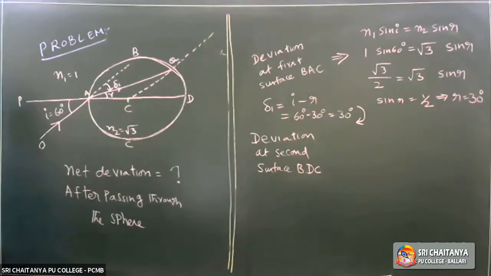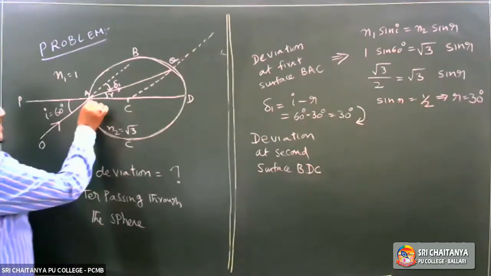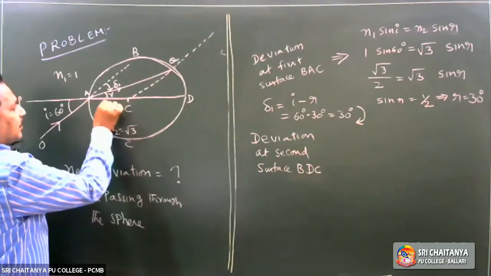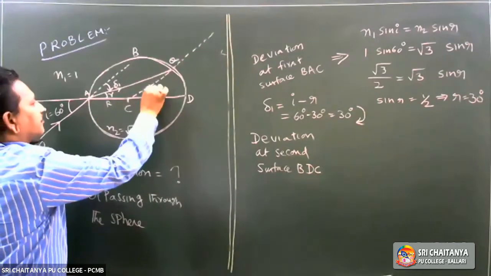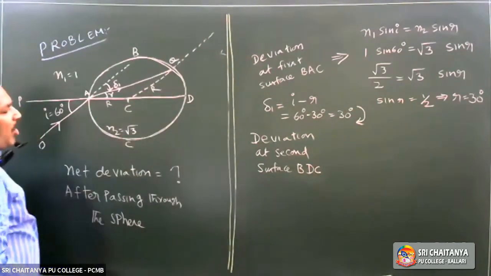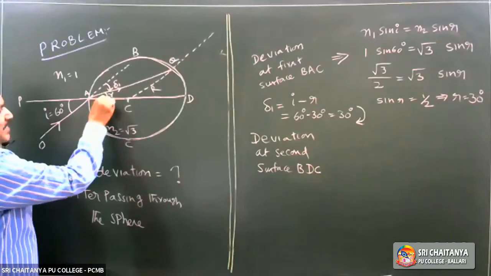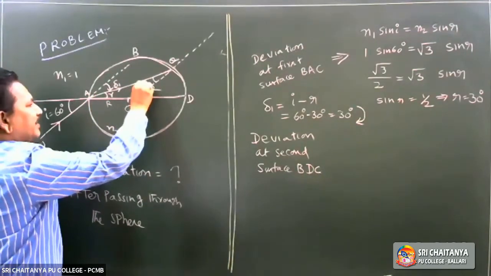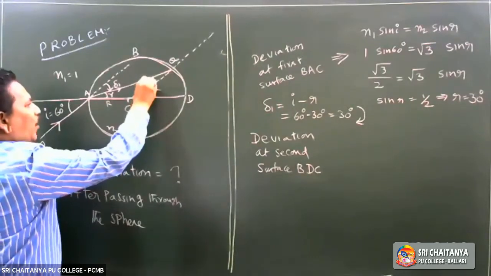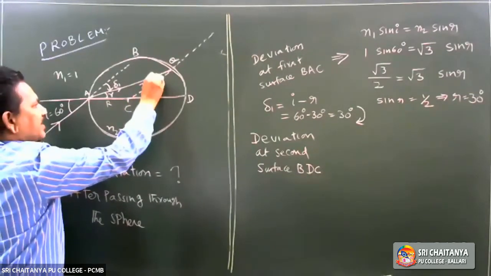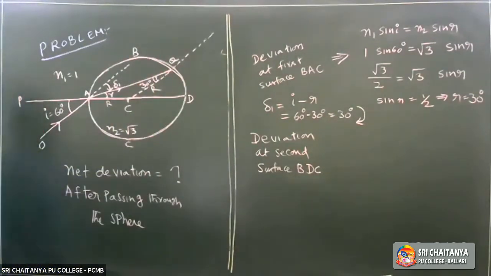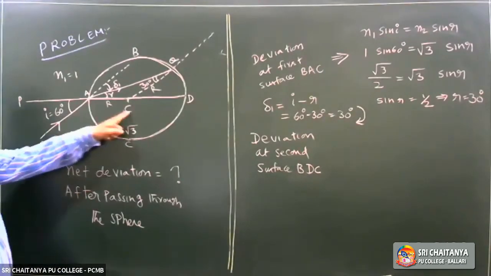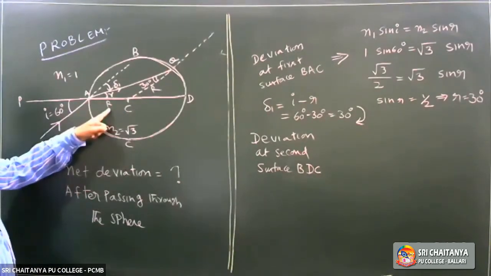CQ is the normal. So if this is R, this is also R. Then automatically, if this angle is 30, this angle is also 30. C to A is radius.